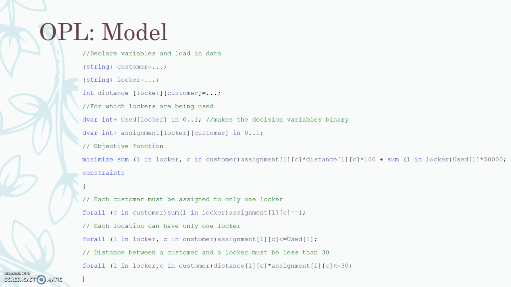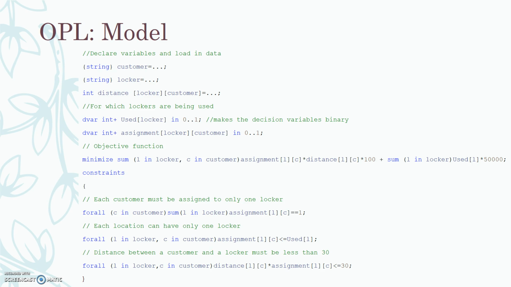Then here's the objective function, which we already talked about, to minimize the total cost of everything, so the cost of the locker assignments and the cost of travel distance by customers. Then below are the constraints. I just talked about those on the last slide, but this is the CPLEX code for it.